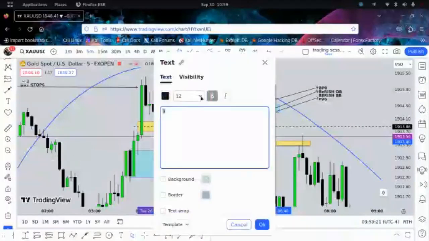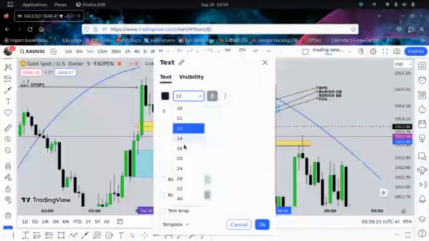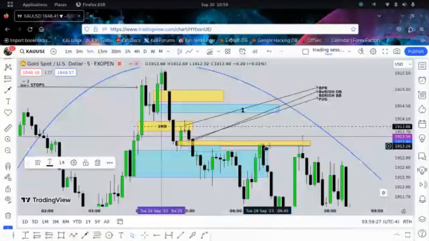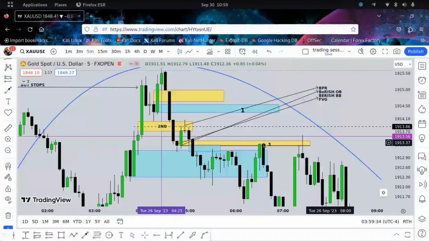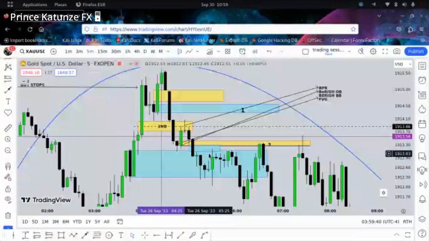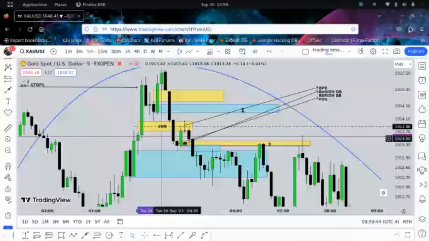Let me zoom in a bit. Let me put it at 14. Someone will see that. Now this is the third entry. And at the same time, there is another entry within this entry. We have this breaker block.